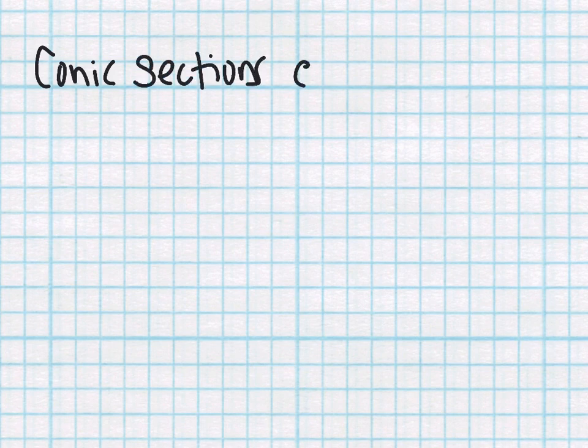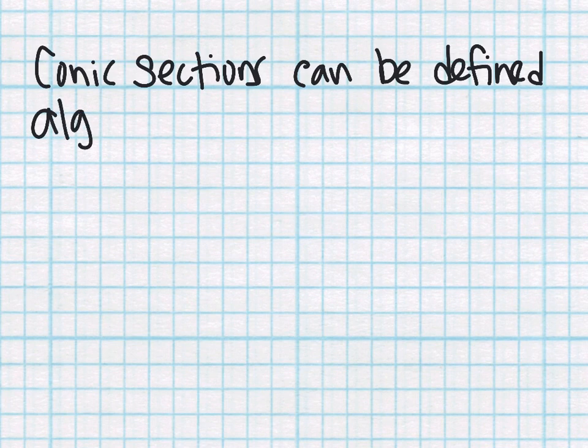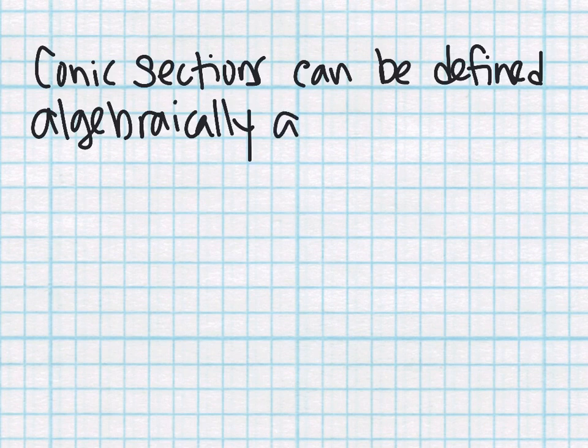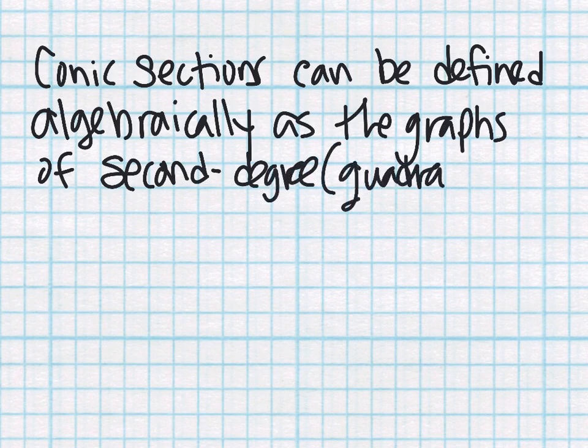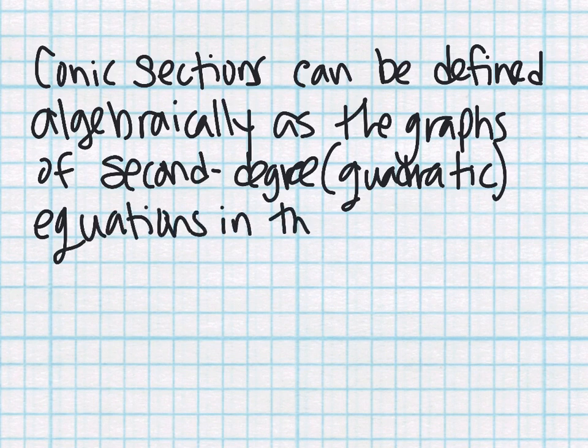Alright, so conic sections can be defined algebraically as the graphs of second degree, also known as quadratic equations in two variables.